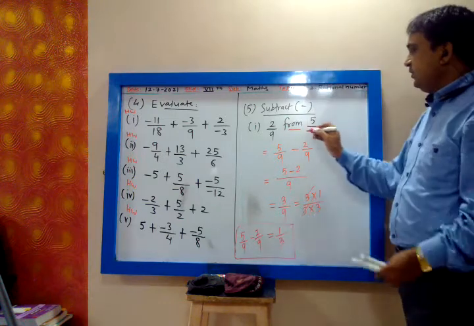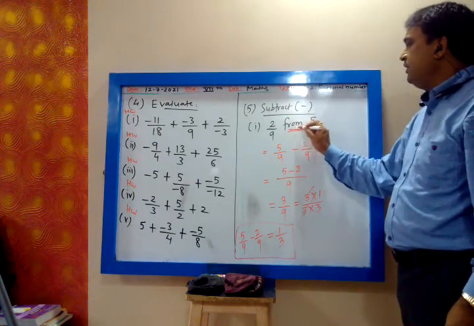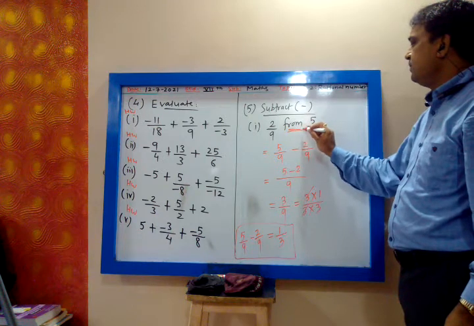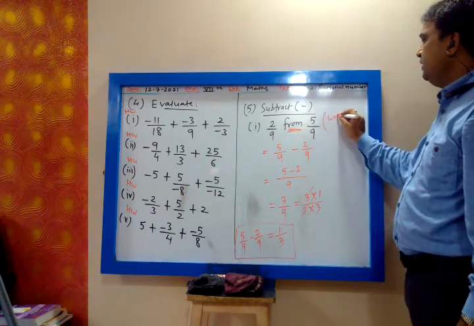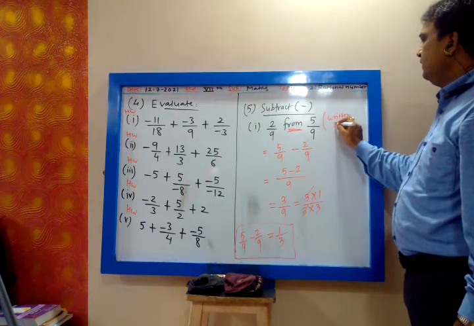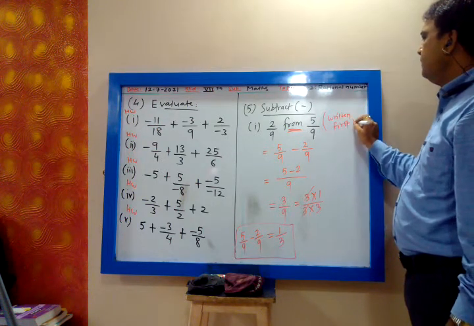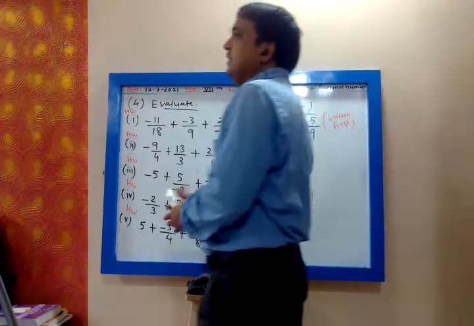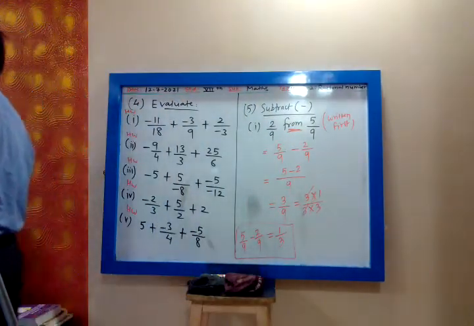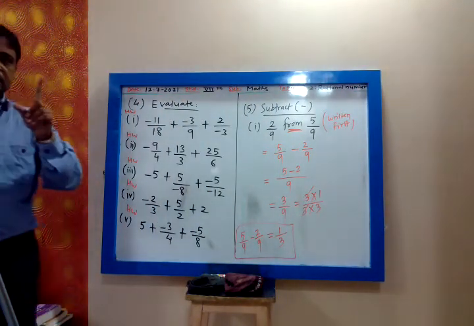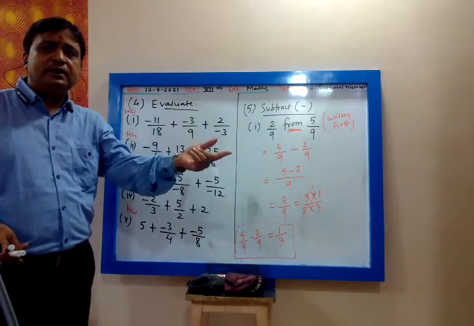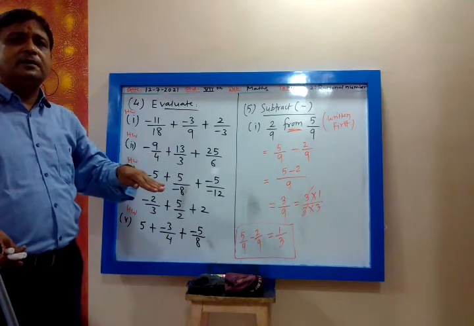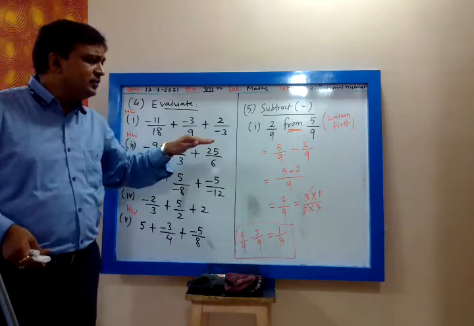So what you have to remember: whichever number is after "from," that should be written first. 5 by 9 should be written first. From 5 by 9, we have to subtract 2 by 9, so first I will write down 5 by 9, not 2 by 9. From 5 by 9, I have to subtract.